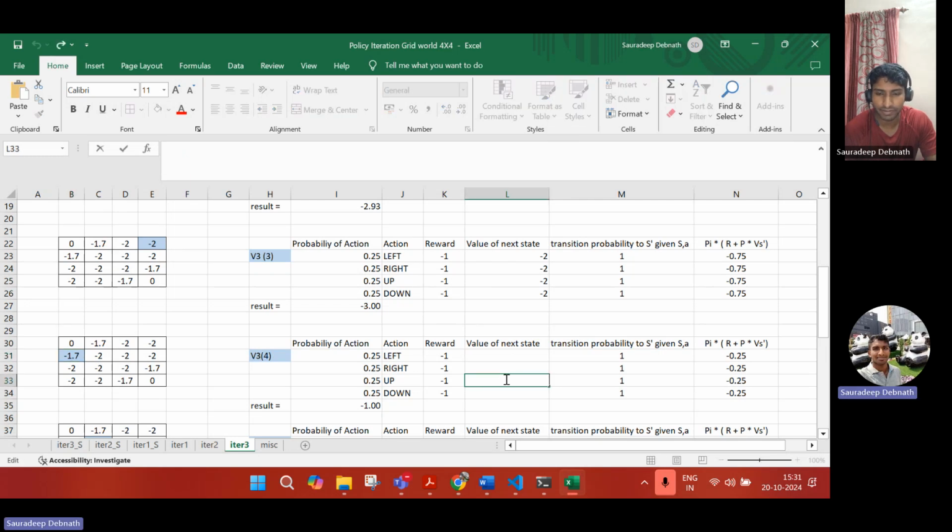It would be 0. If I go to the left, I'll remain where I am, which is -1.7. If I try to go right, I'll go from -1.7 to -2. And if I go down, again, I'll go to -2.